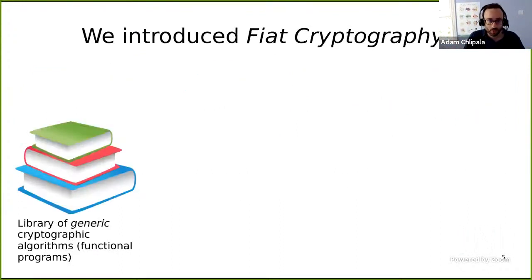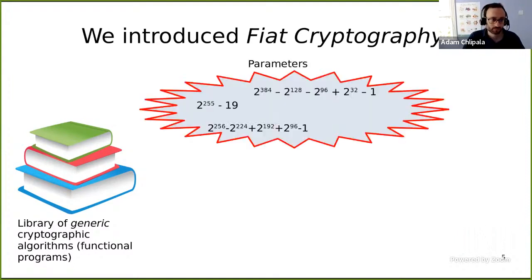So we came up with a better way of doing it. Our framework is called Fiat Cryptography, and the base of it is a library of generic implementations of the cryptographic algorithms. So think of this as some functional programming per element of the leftmost little bubble on the previous slide. These are pure functional programs in Coq. Then come up with the parameters that you care about instantiating them to.